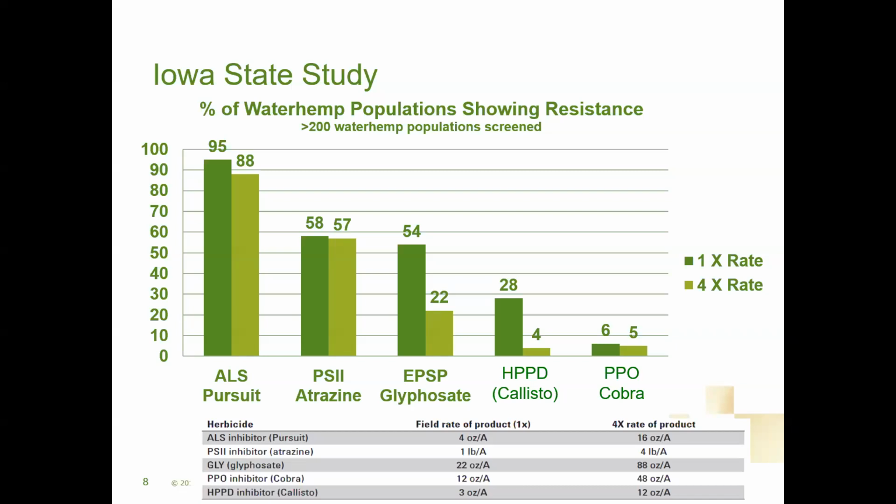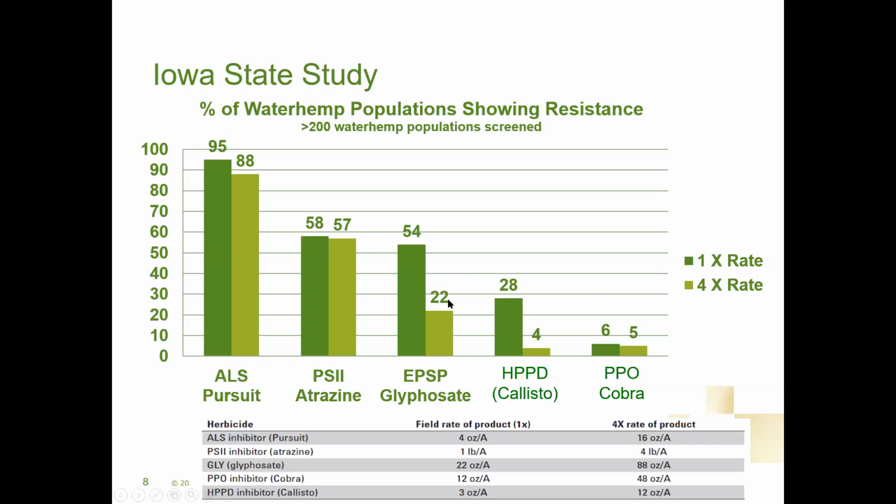Now what's interesting is when you look at the weed resistance to glyphosate, the way that the weeds are getting around it is they're actually producing a 10x rate, for example, of that EPSP enzyme. So what they're doing is they're actually just producing more of that enzyme. Now we expect then with a higher rate of glyphosate, we would expect to see a little bit better control, and we do.